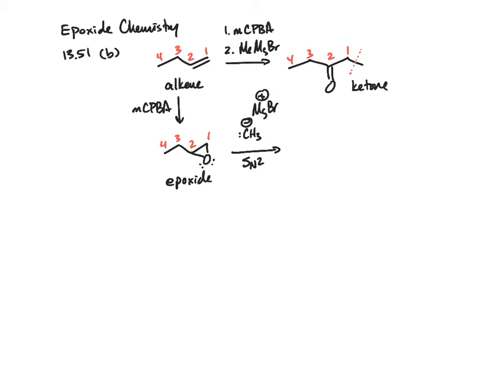I'll classify this carbon as a primary alcohol, and the other one is secondary. There are all sorts of different numbers going on here, and they mean different things, so just be cognizant of that. The methyl will attack the primary, and then we break that bond.